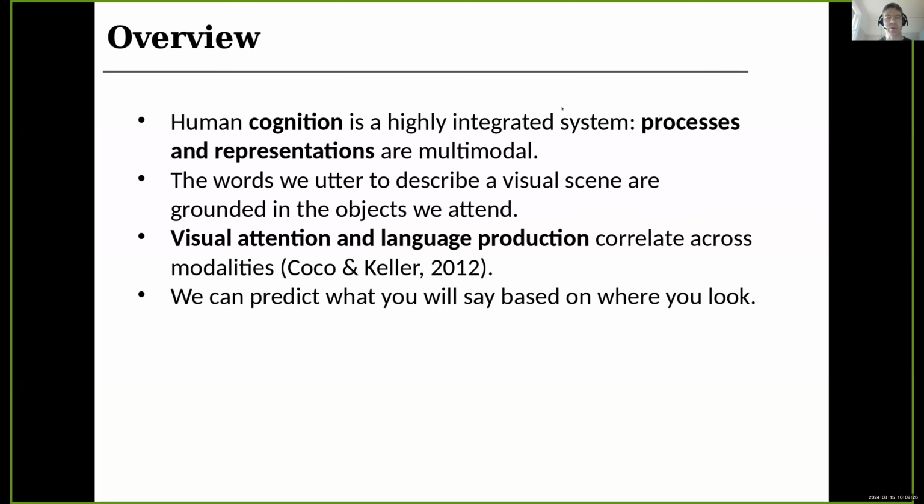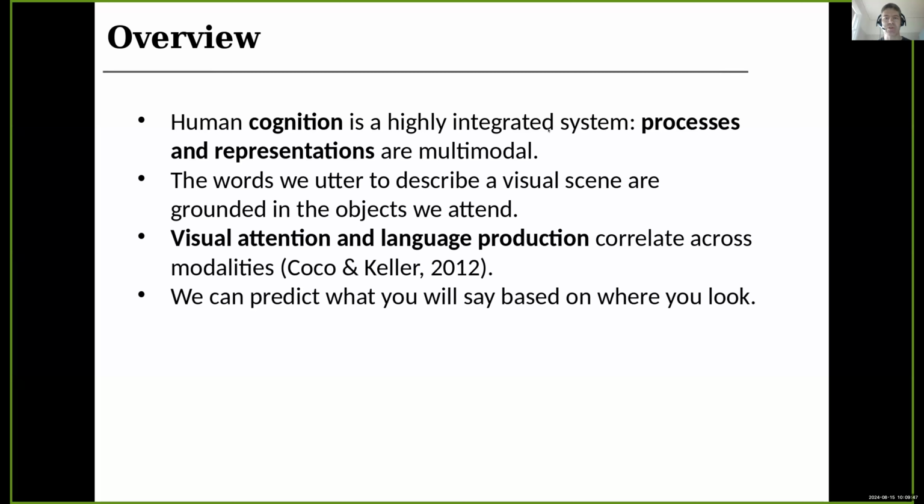Here's a quick overview of what I'm going to talk about. I will first argue that human cognition is an integrated system, and the processes and representations that system avails itself of have to be multimodal. They have to integrate multiple modalities, and we'll see a few examples in a moment.